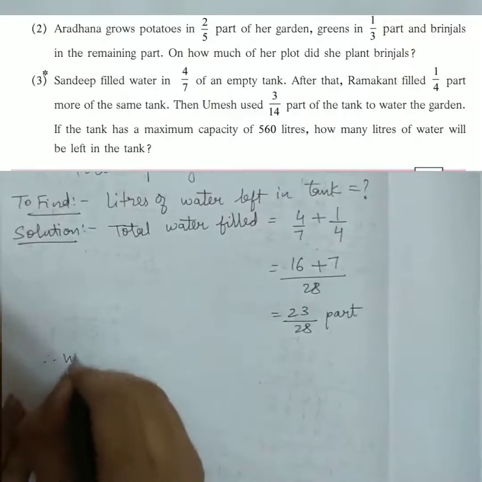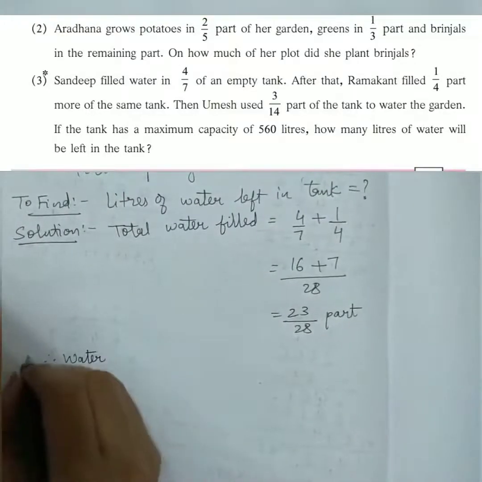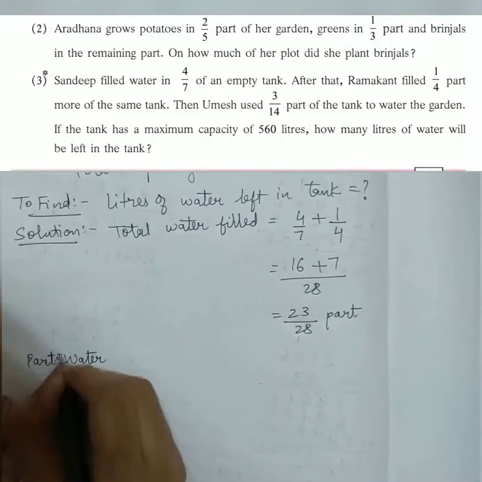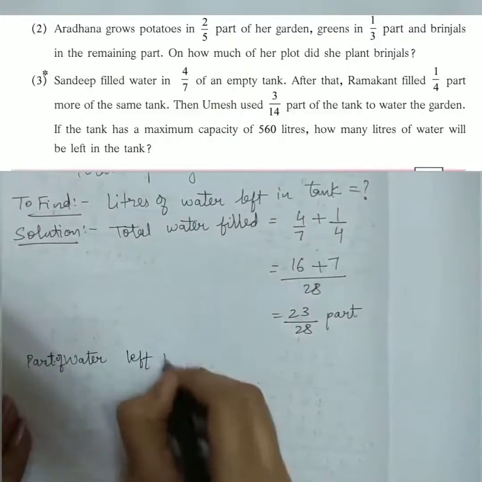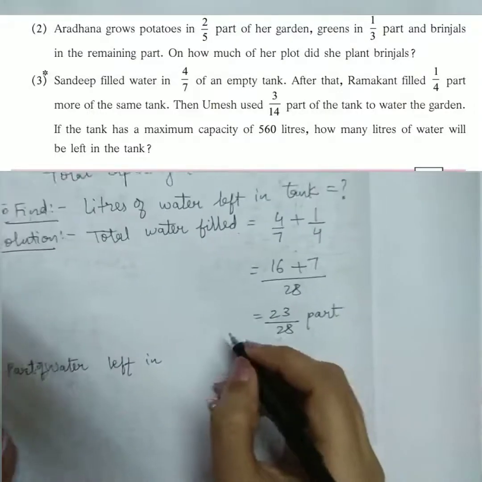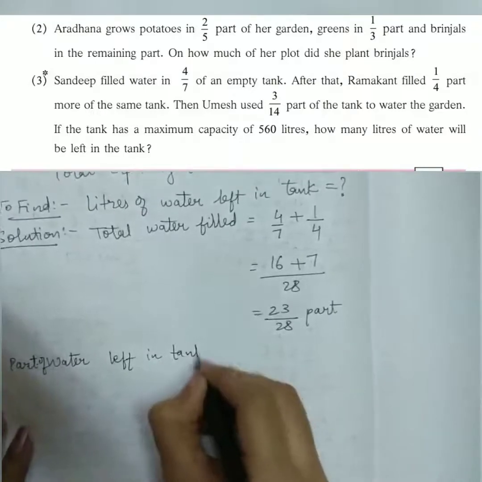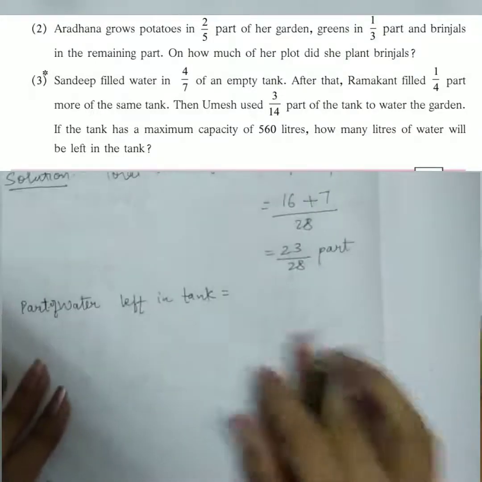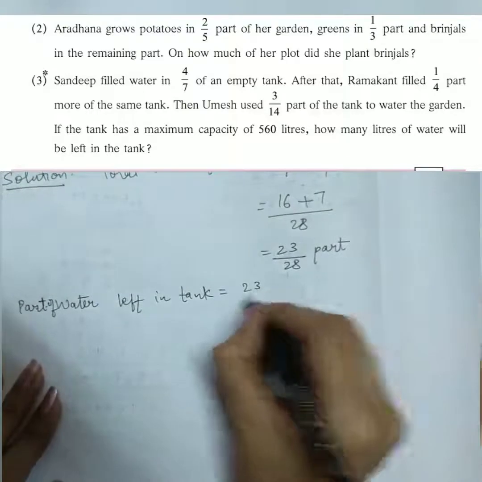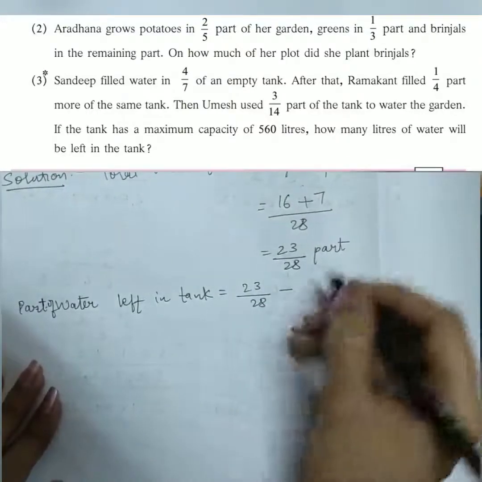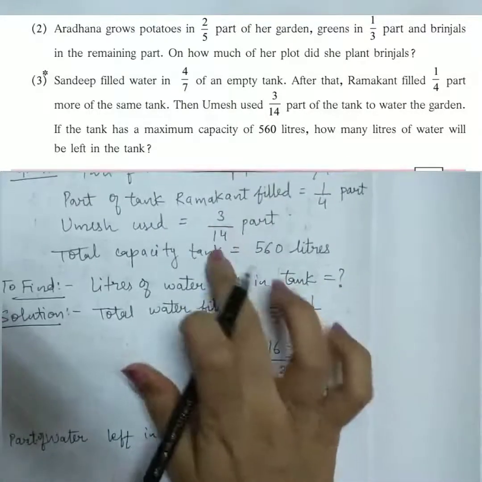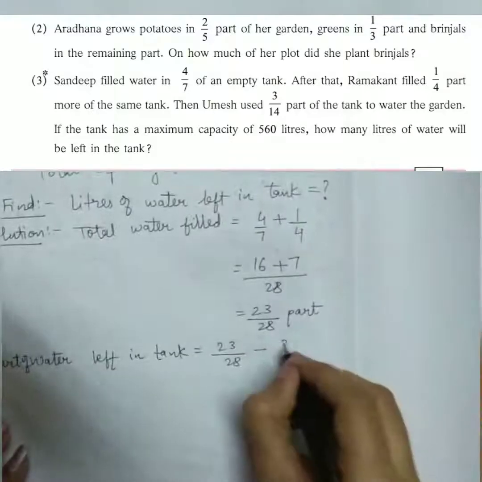Therefore the part of water left in the tank: we will subtract 23/28 minus how much Umesh used, 3/14.